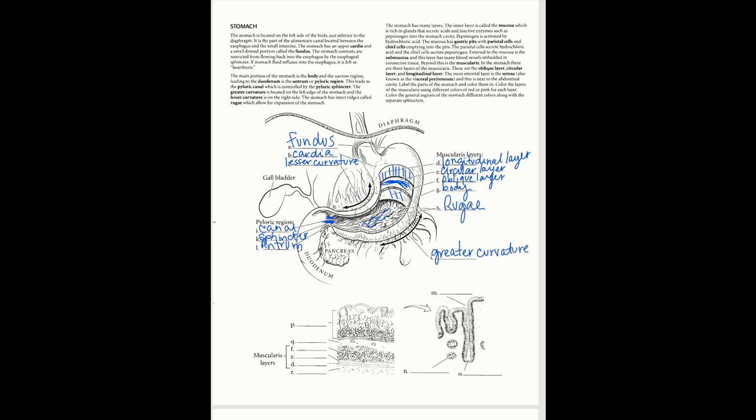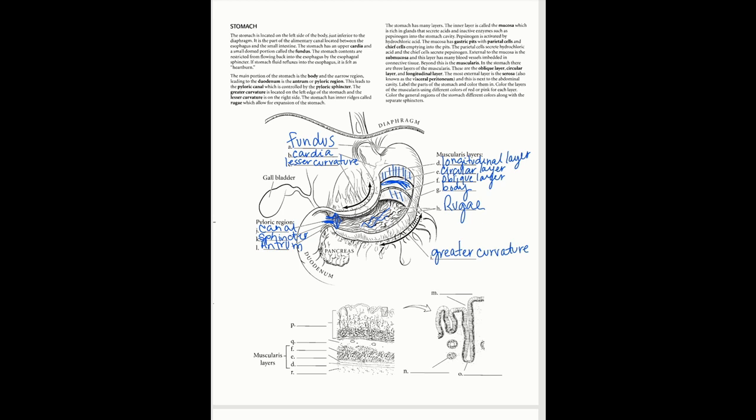So this is just before we get to the pyloric canal, this space here. So this is our antrum or pyloric region. We then make our way to the pyloric canal, which is surrounded by that sphincter, and then we can make our way into the small intestine.